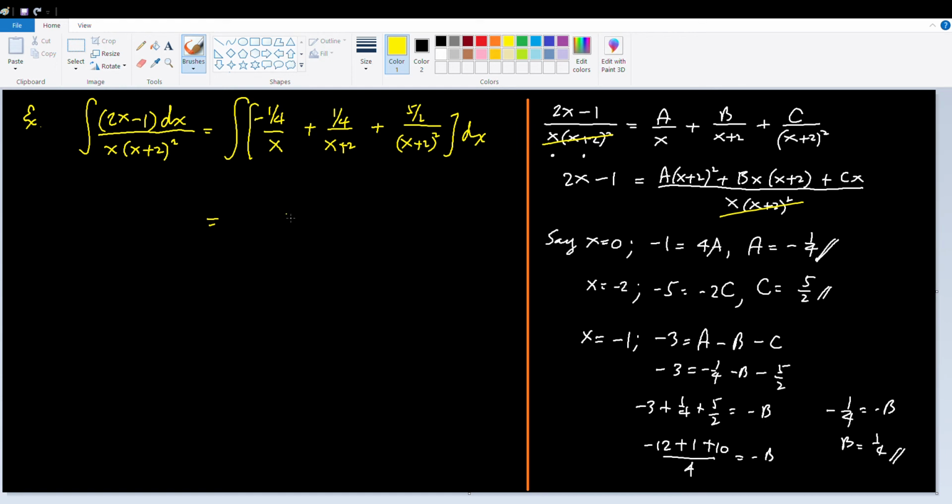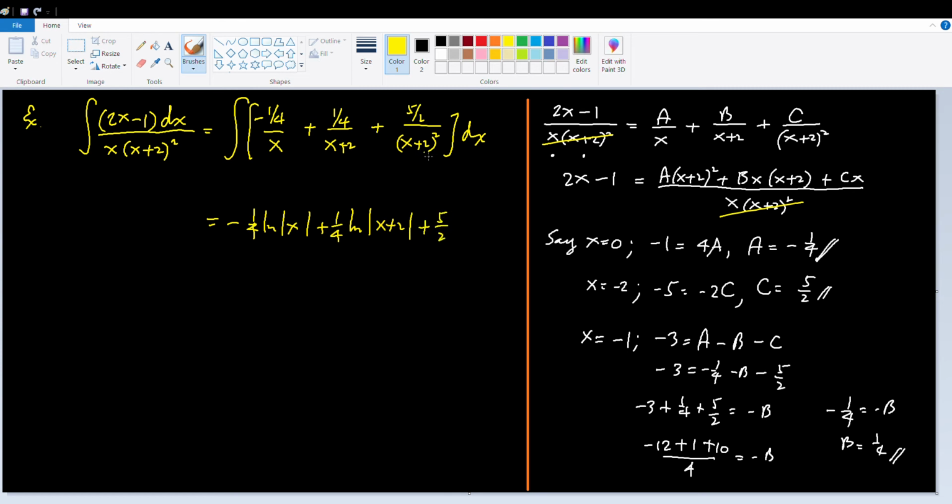So we integrate negative 1/4 dx over x. That will be negative 1/4 ln absolute value of x plus 1/4 dx over x plus 2 is ln absolute value of x plus 2 plus 5 halves.